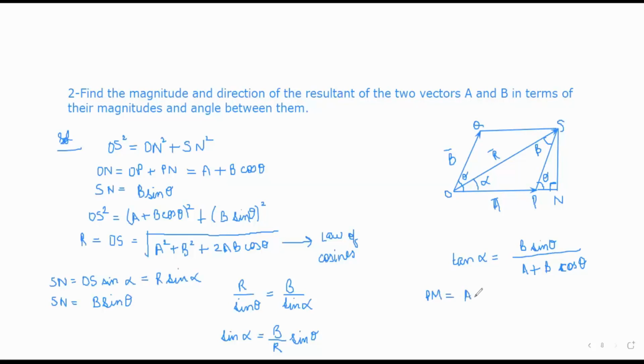PM would be A sin alpha and B sin beta, where beta is this angle. With this relation, we can also find B by sin alpha. So overall, combining these relations, we can write R by sin theta equals A by sin beta equals B by sin alpha.